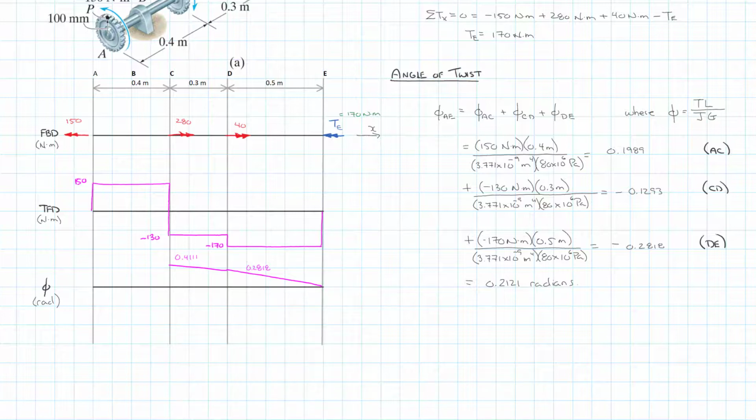And then that 0.1989 between A and C would be a negative of the same between C and A. And so we draw that in here, and that takes us down to our total value, which we started off with, 0.2121 radians. So there we go. We've got our angle of twist all around it.